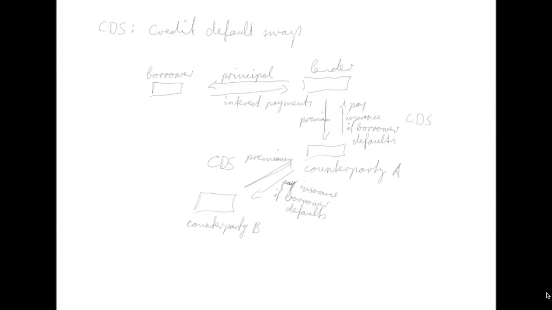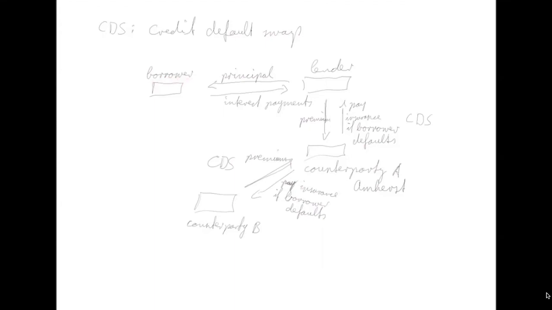Now, Amherst took actually the position of counterparty A. So they are over here, Amherst, and they were selling insurance premiums to a lot of big financial institutions, and these big financial institutions took that role of counterparty B over here. In this specific case, they wrote a CDS contract on a really bad borrower.